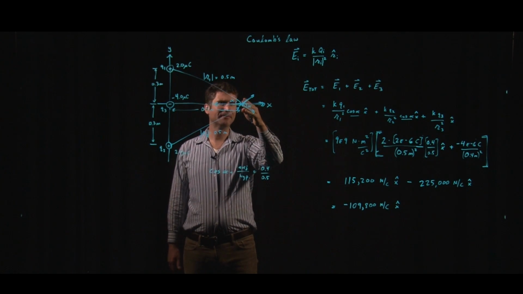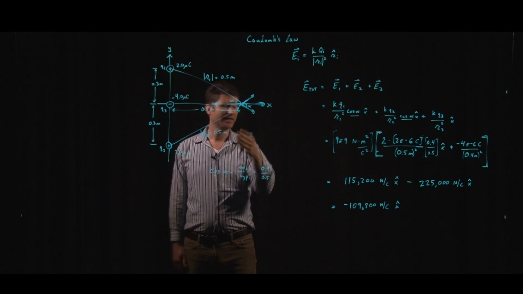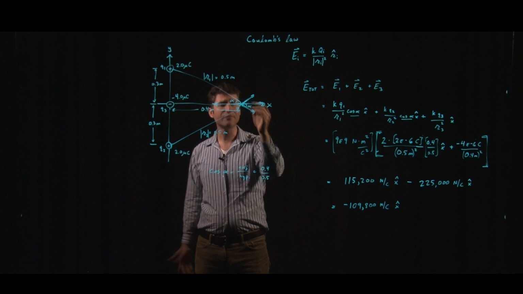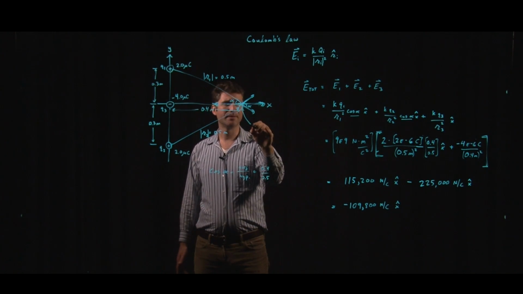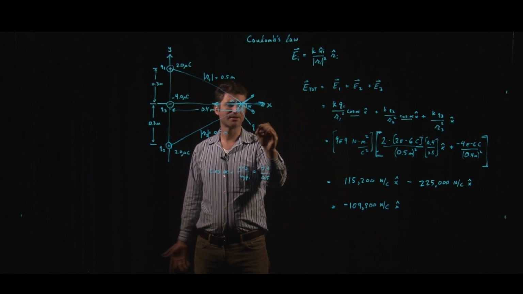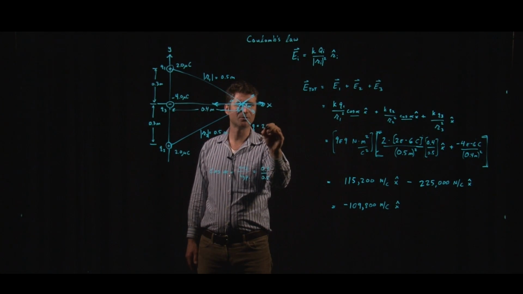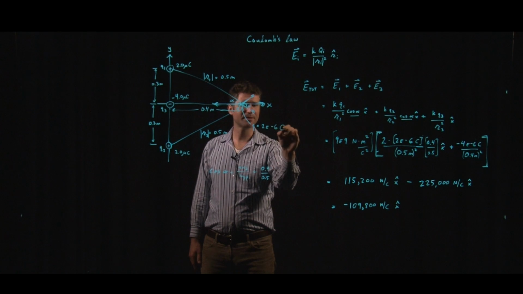And let's say, for example, that there was a charge flying by here. Let's say it had 2 microcoulombs. Sometimes people call this a test charge, but I could say Q is equal to 2 microcoulombs here.